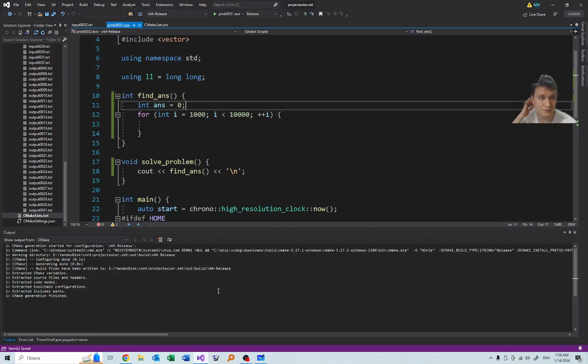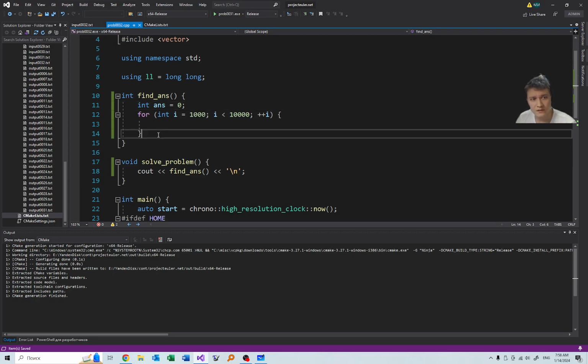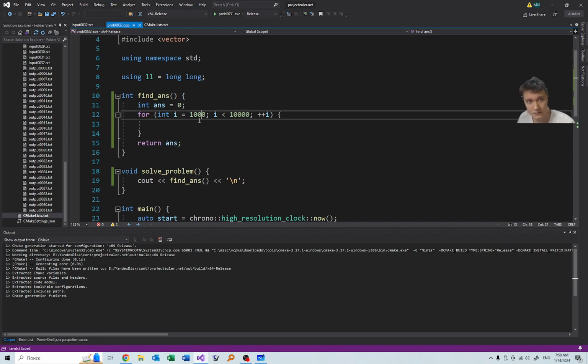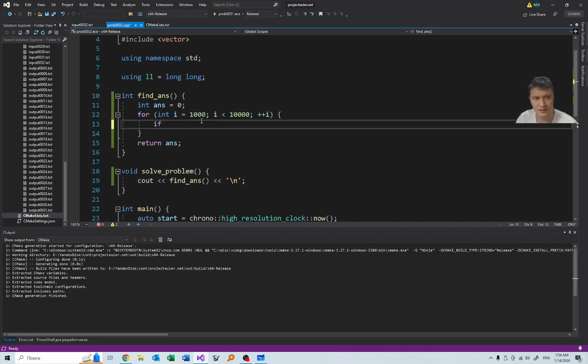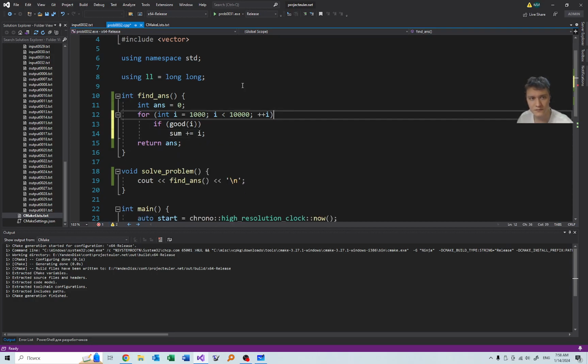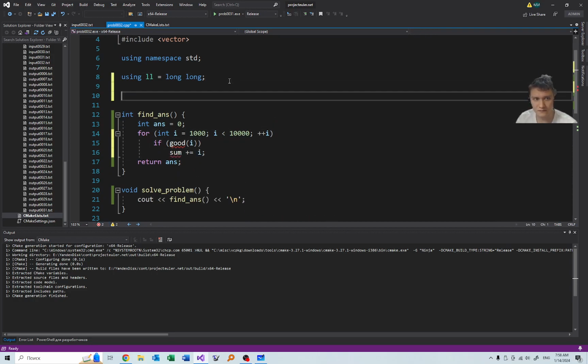Okay, int should be enough. So let's write something like if good of I, then sum plus equals I. Let's find good, bool good.